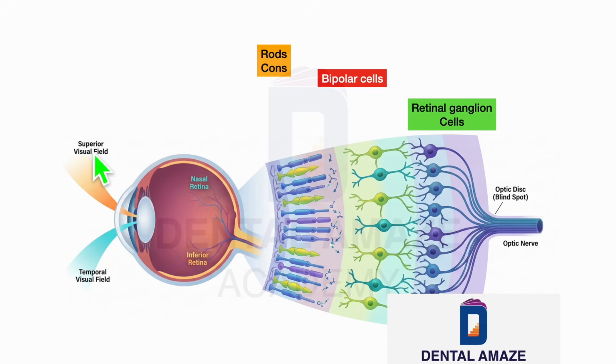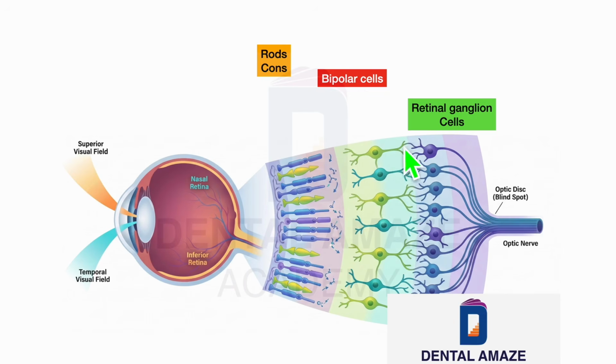Okay, so what happens is very simple. Light goes into your eye, falls on your retina, and now it's very simple. This light is converted into electrical signals by rods and cones. Okay, so you have got your rods and cones, just to give you the demonstration shape. Then these electrical signals go on to your bipolar cells. See, two poles here, that's why I've made it two poles, bipolar.